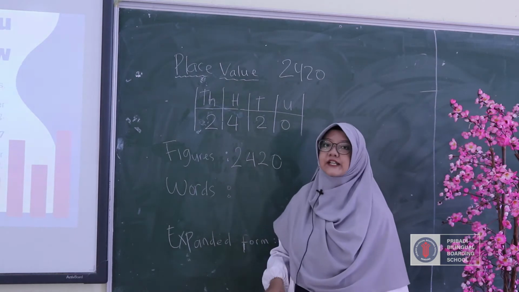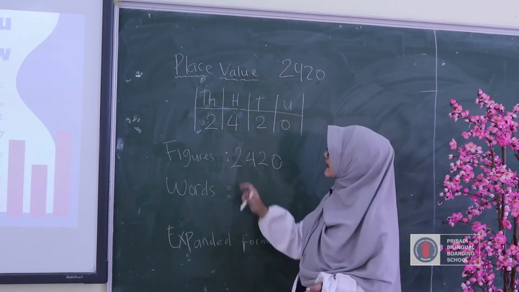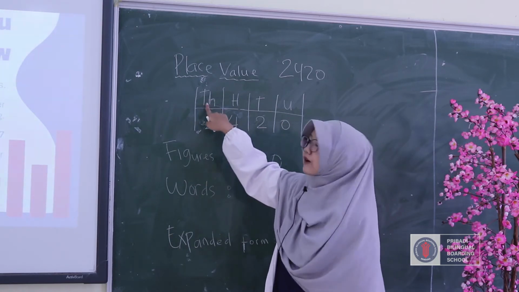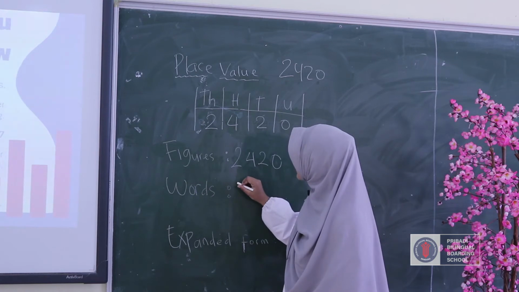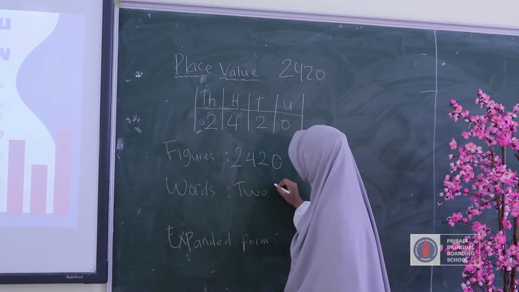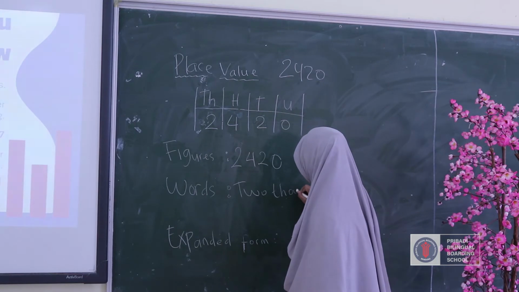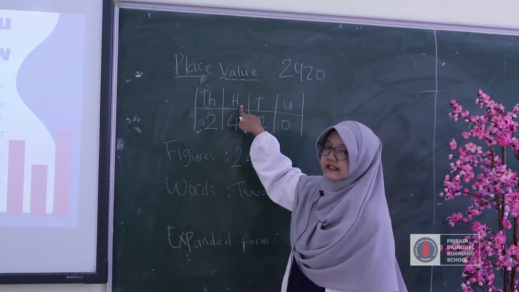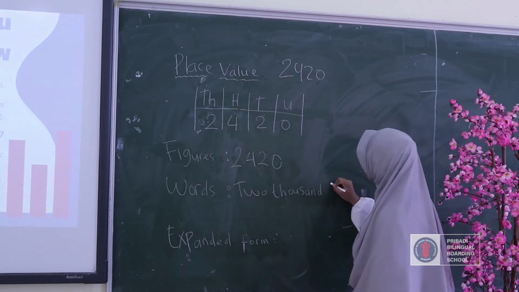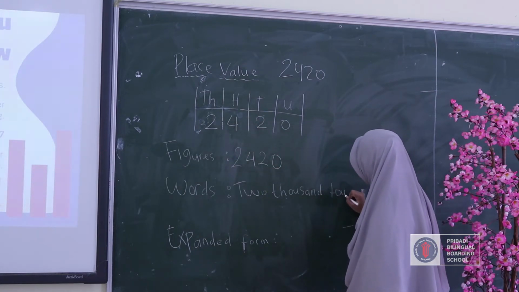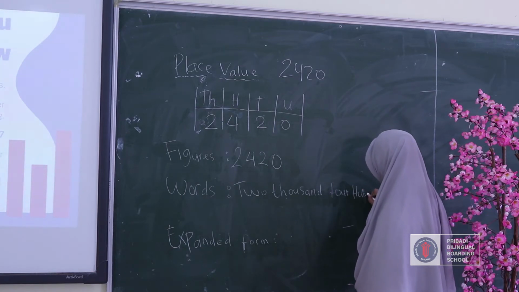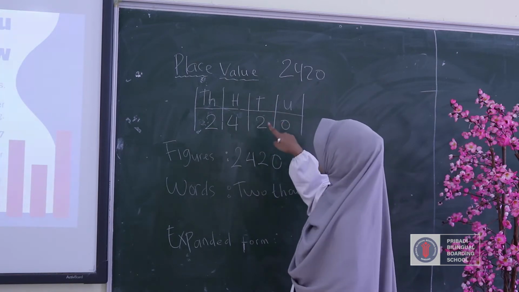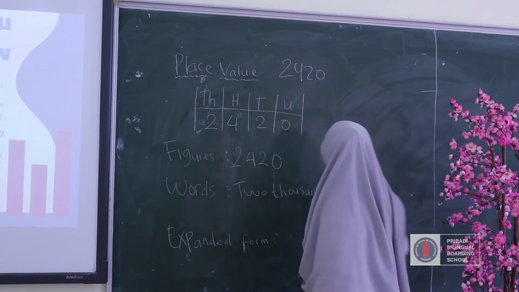How about words? You can just directly read it from here. For example, because we have 2 here in the thousands, we can just write 2,000, and then after that, 4 in the hundreds, so we can directly write 400, because 2 in the tens, so we just write 2 tens, which is 20.